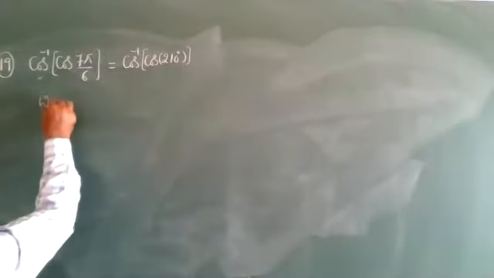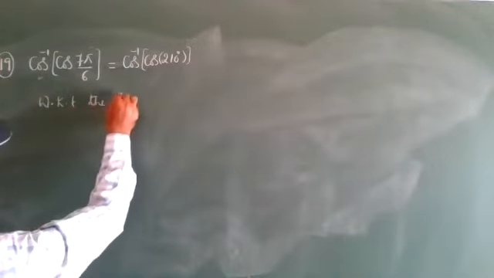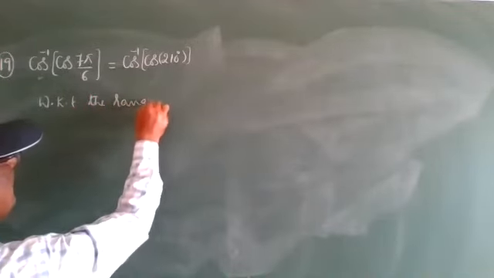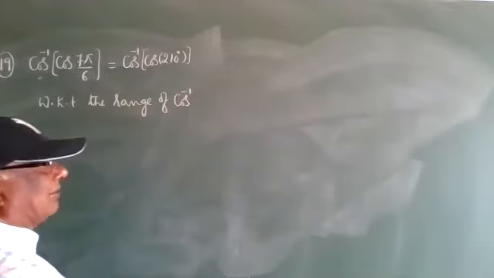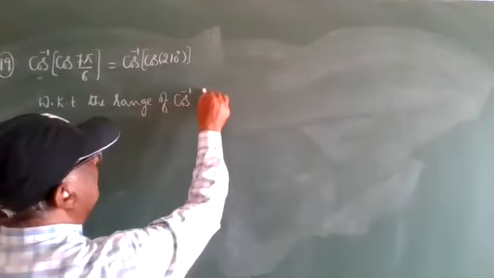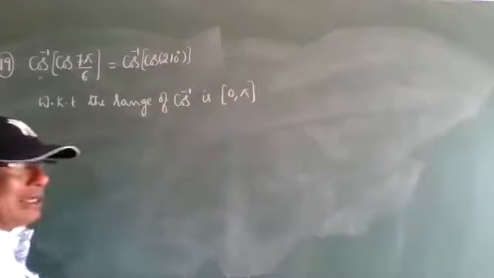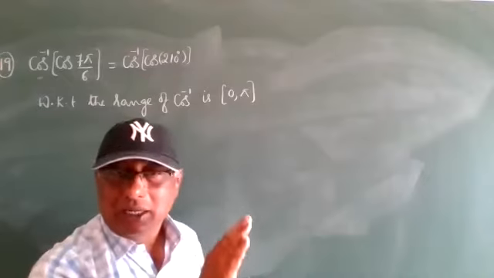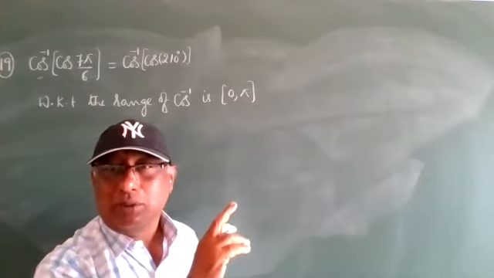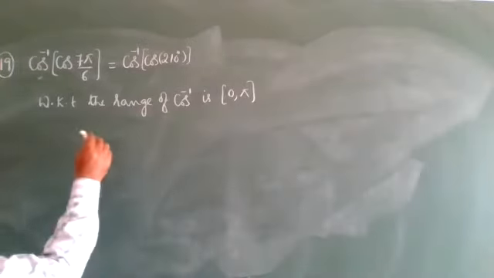We know that the range of cos inverse is 0 to pi. 210 degrees means the value is repeated. It is not bijective, which means it has no inverse. Right, everyone write down.